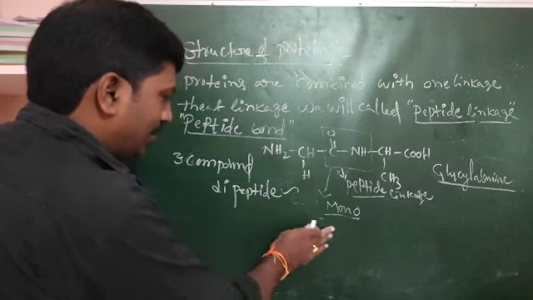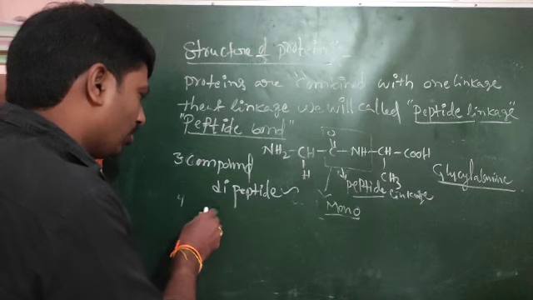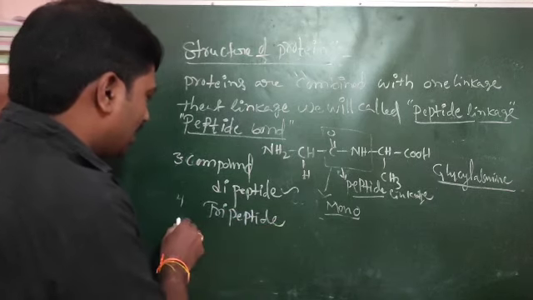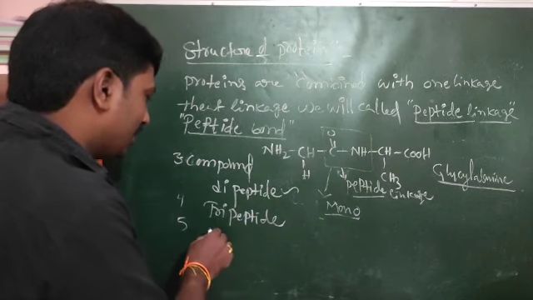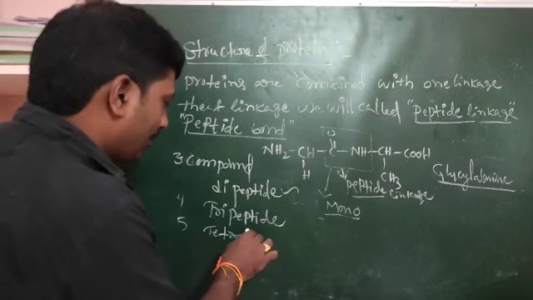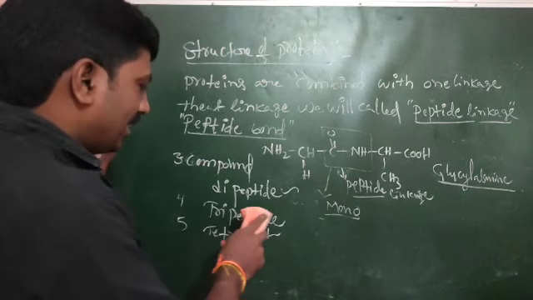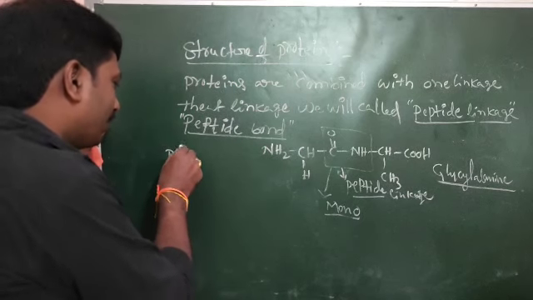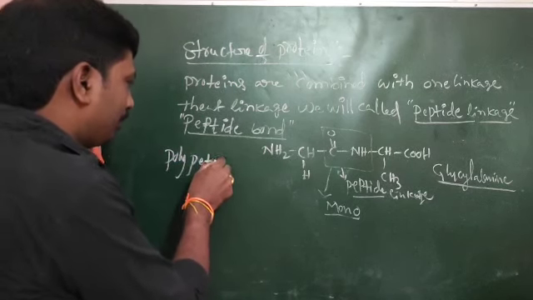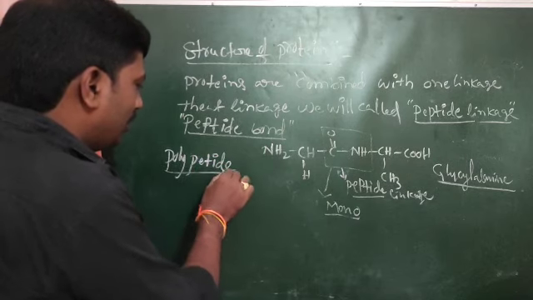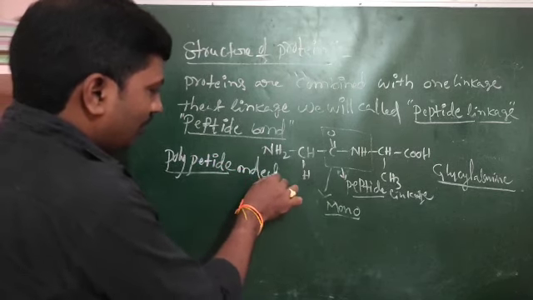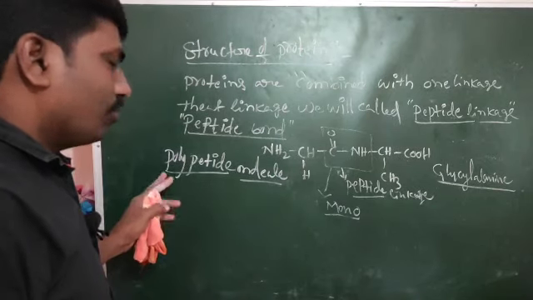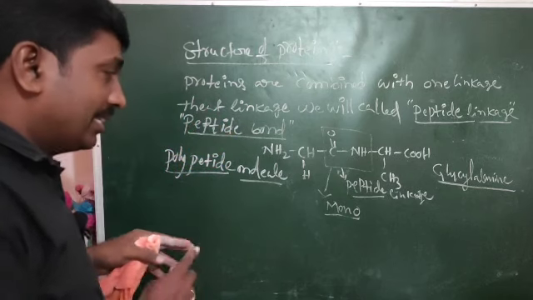Four compounds means tripeptide linkage or bond. Five compounds means tetrapeptide linkage. Like that, if more than 10 compounds connect to each other, we call it a polypeptide.